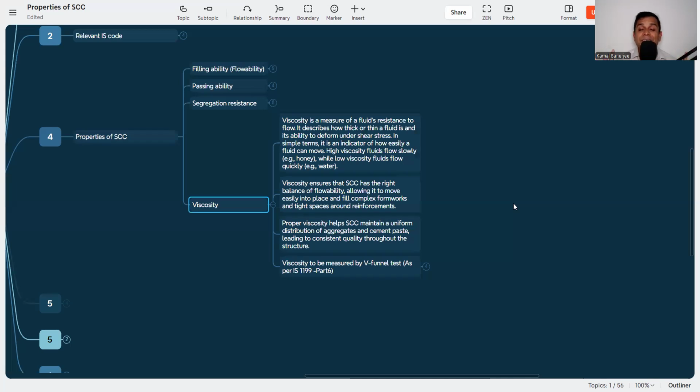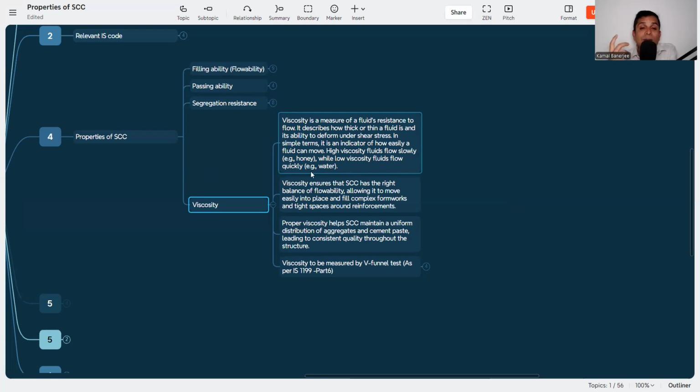It is an indicator of how easily a fluid can move. So from the viscosity itself, we can find out how easily it can move. High viscosity fluids flow slowly, like honey, while low viscosity fluids flow quickly, like water.